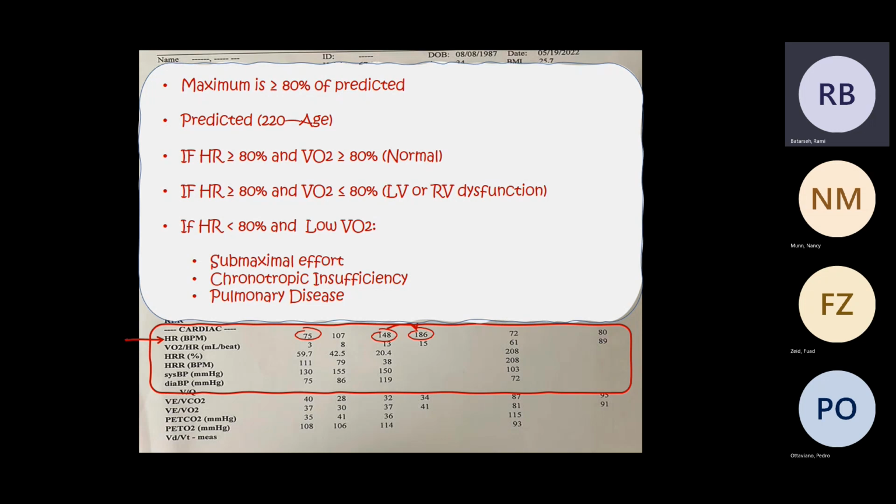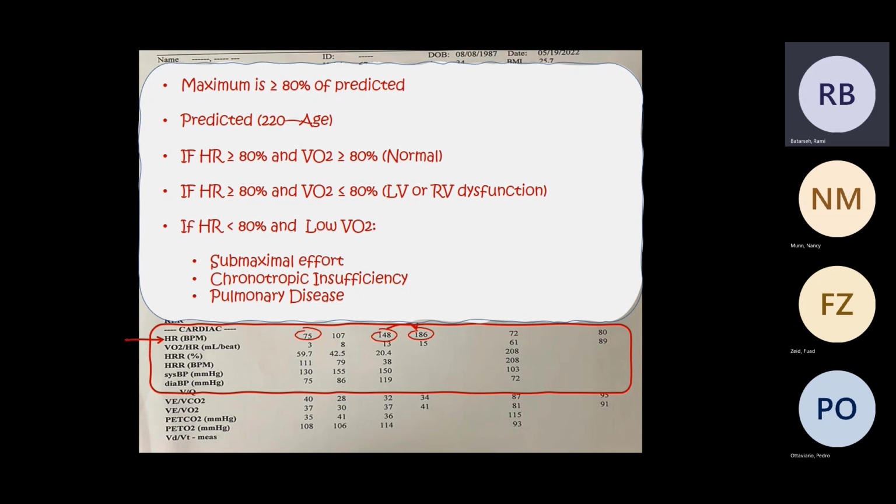If you have any abnormality in this test, it's not sufficient enough to limit your exercise. Okay, done. You got it? The second step: if the heart rate is more than 80%, but your VO2 is less than 80%, there is a problem in your heart.